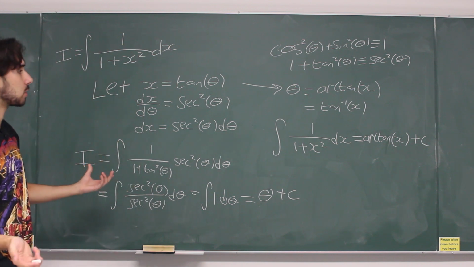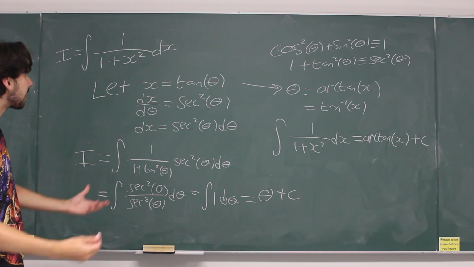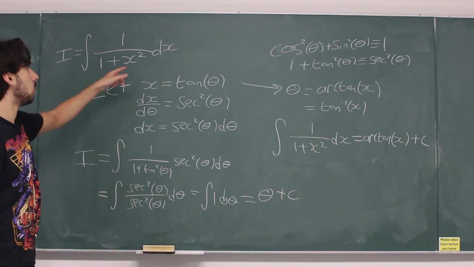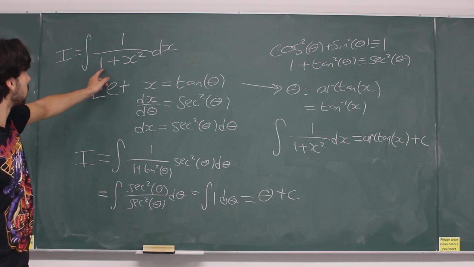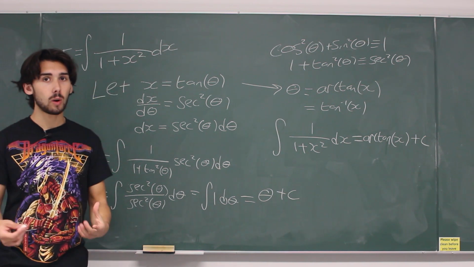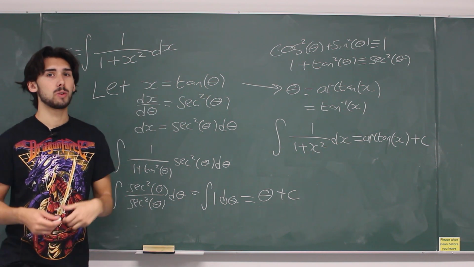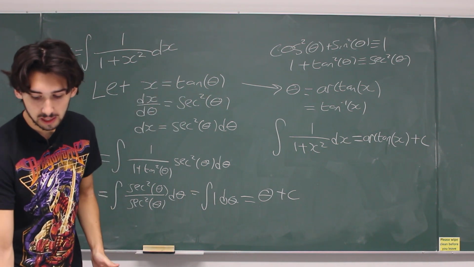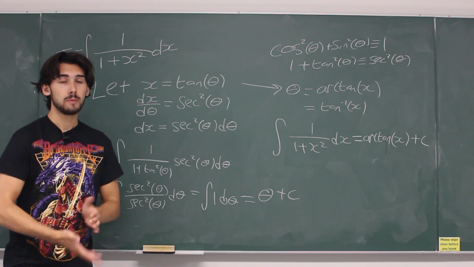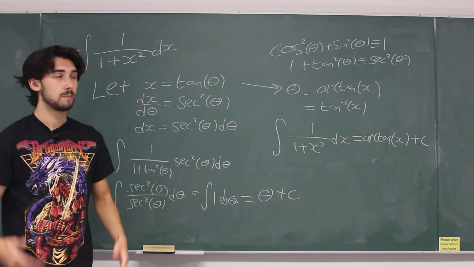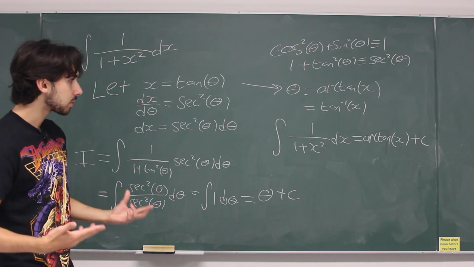Like, who would think to do that? The substitution you would likely guess is let u equal x squared, or let u equal 1 plus x squared, but actually it's not any of that. You need to let x equal tan of some variable, which is not obvious. So it's good to have seen this, have someone show it to you, because it's very difficult to come up with on your own. So now that you've seen it, you can't unsee it.